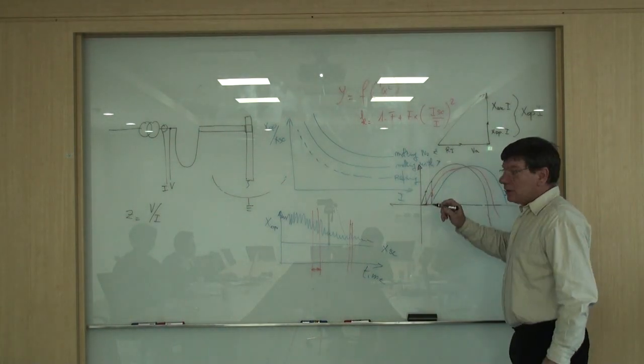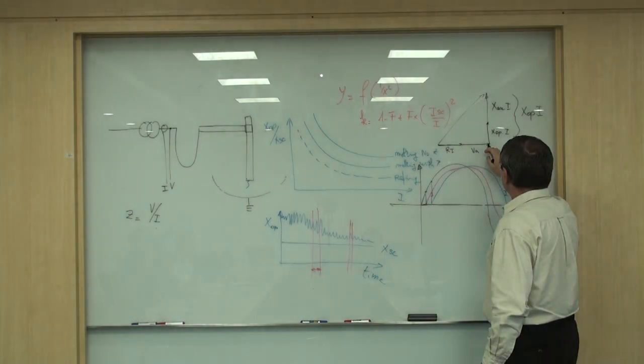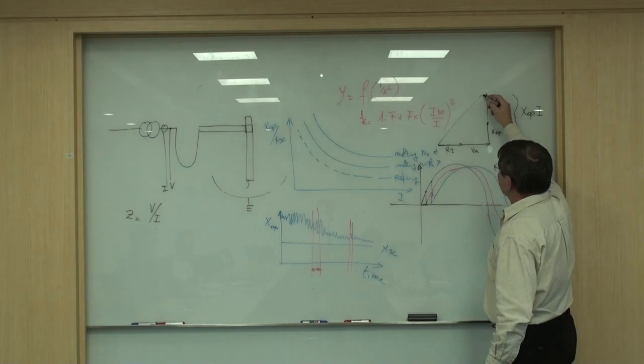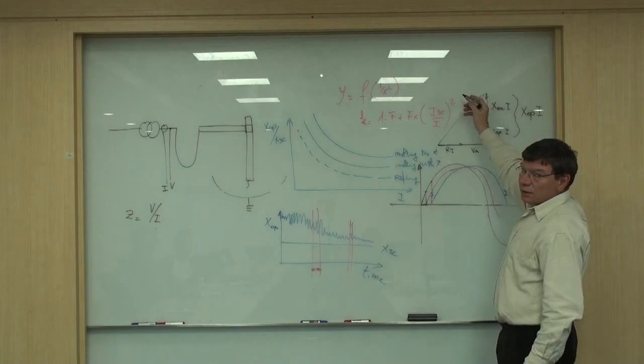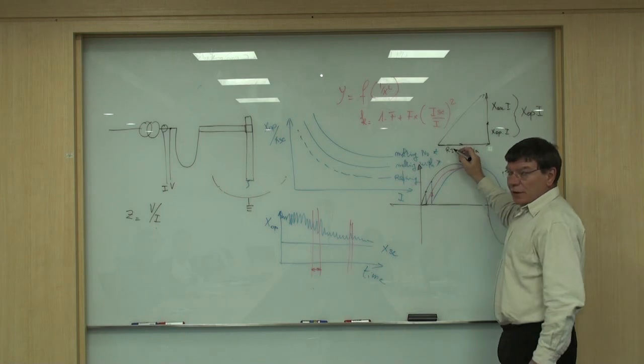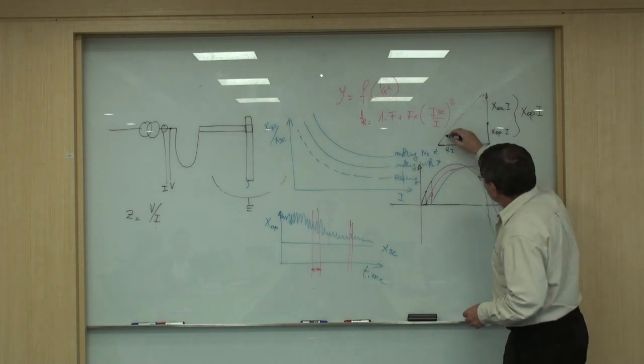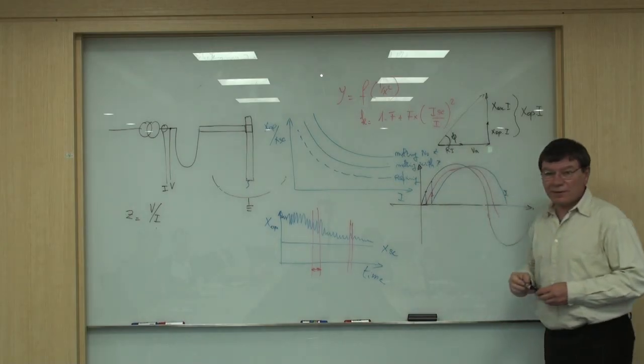The cosinus phi is given by this ratio. This length divided by this length. So this is the arc voltage plus resistance and current divided by the tap voltage. Okay?